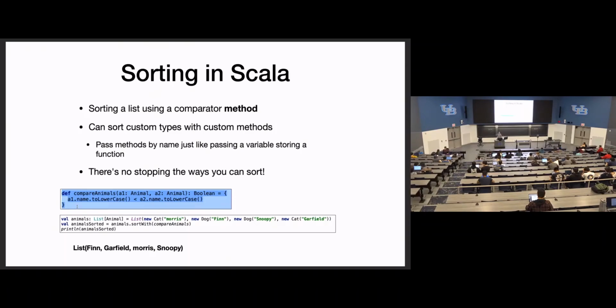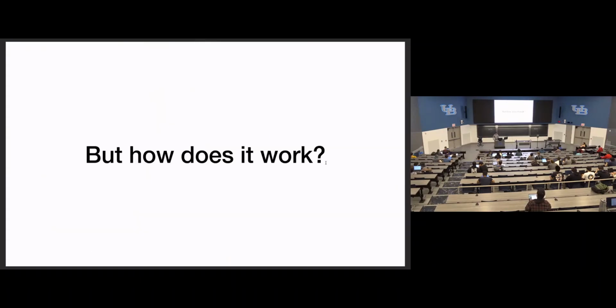Obviously, for the homework, it has to be immutable, but it can depend on some state of that object, the state variables. So we can have extra information aside from the inputs of the method. We can also have state variables here that help us compare these things in ways we could only dream of before. We can sort any way we want. Any way you want to sort things, there's just no stopping you. The future is so bright. You can just sort. All right, how does it work, though?